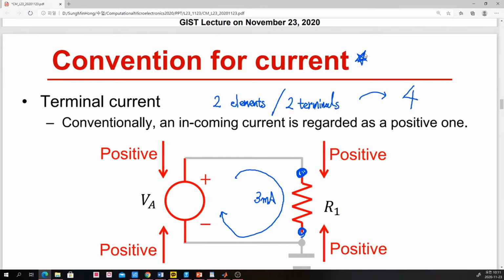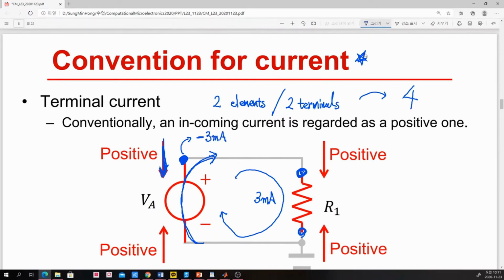So since this is the positive direction for this positive terminal, however, terminal current flows in this way. So we have to say for this positive terminal of our voltage source, that should be minus 3 milliampere.